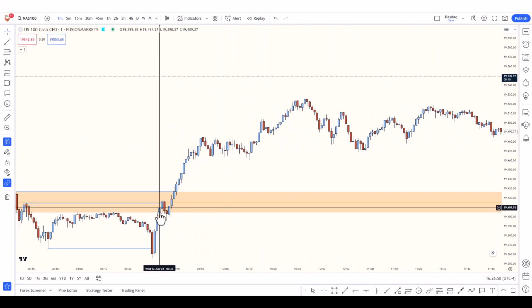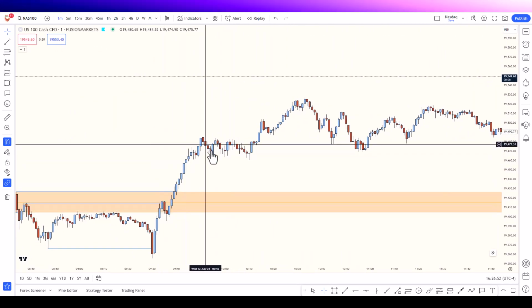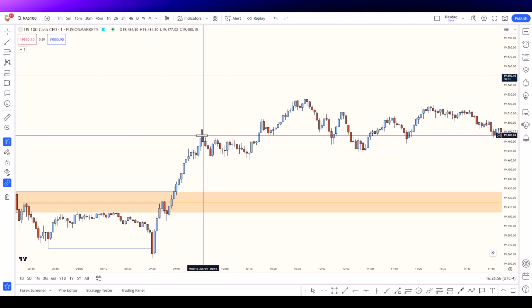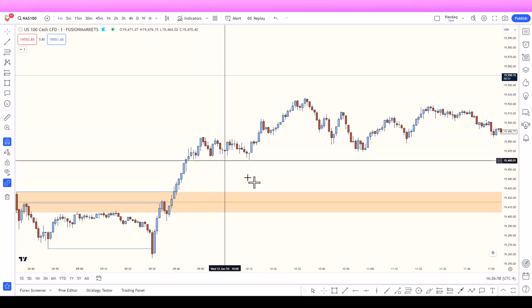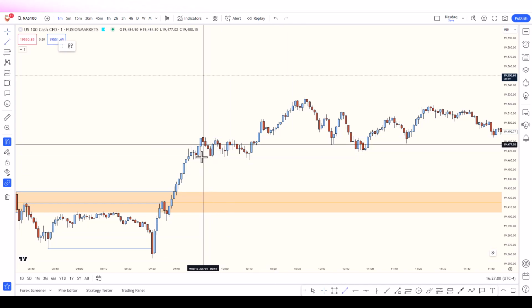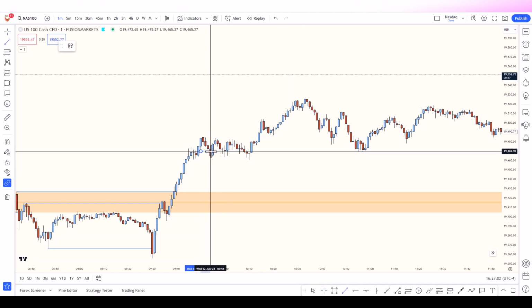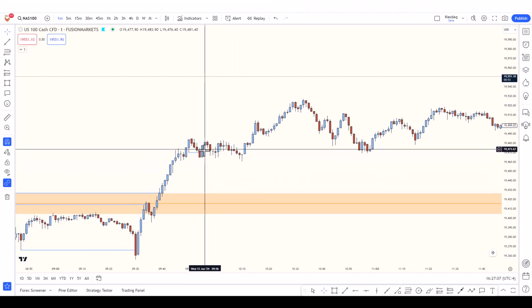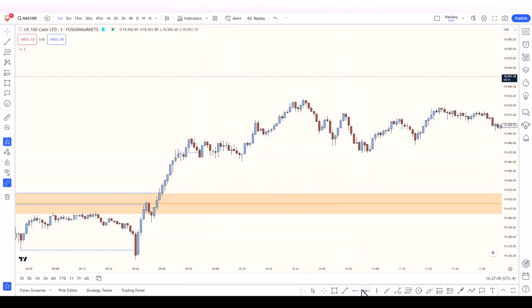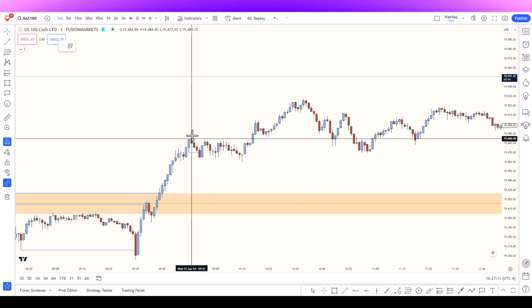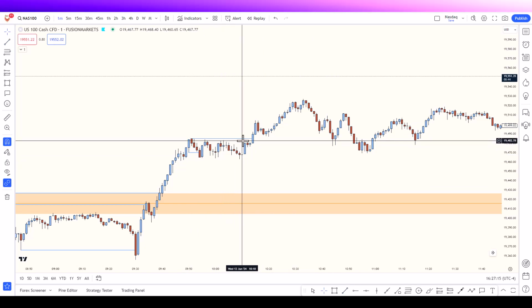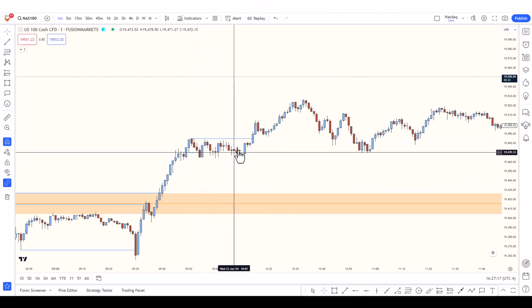So we traded higher, then in this fractal from here to here we closed it lower, then we flip it this fractal.